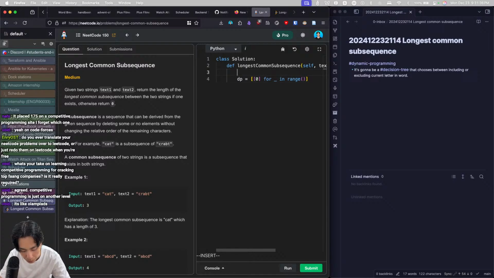I'm going to call it M and N. So M is the length of text 1, N is the length of text 2. And then this times M, range of N. Okay. So this is everything initialized to 0. Alright, we'll think about this.